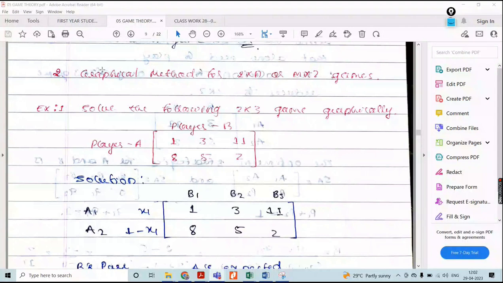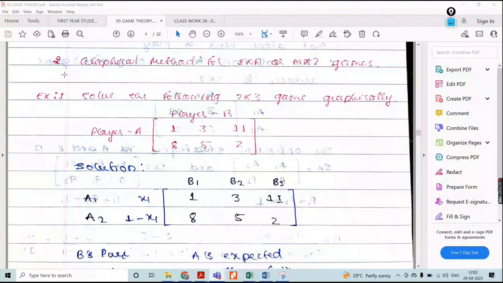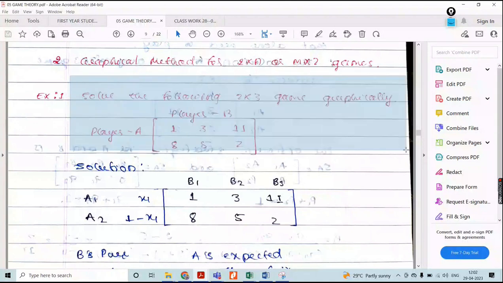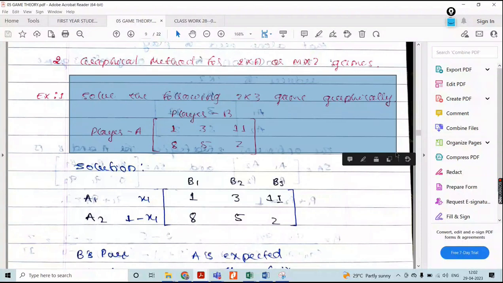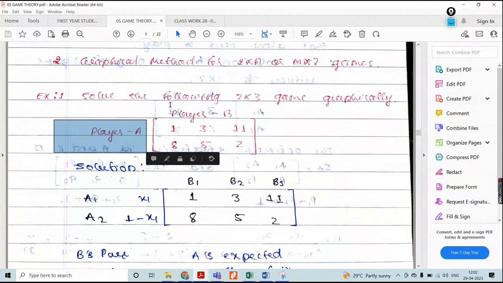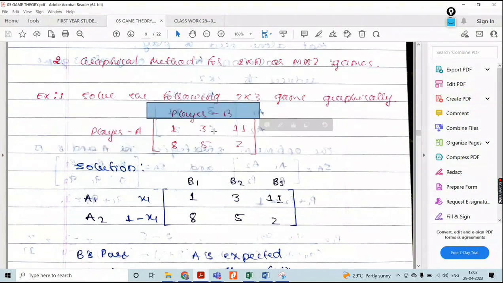Here, solve the following 2x3 game graphically. Player A parameters they provided, then player B parameters they provided, that is 1, 3, 11, then 8, 5, 2. Obviously you can proceed for this numerical by the use of the graphical method.